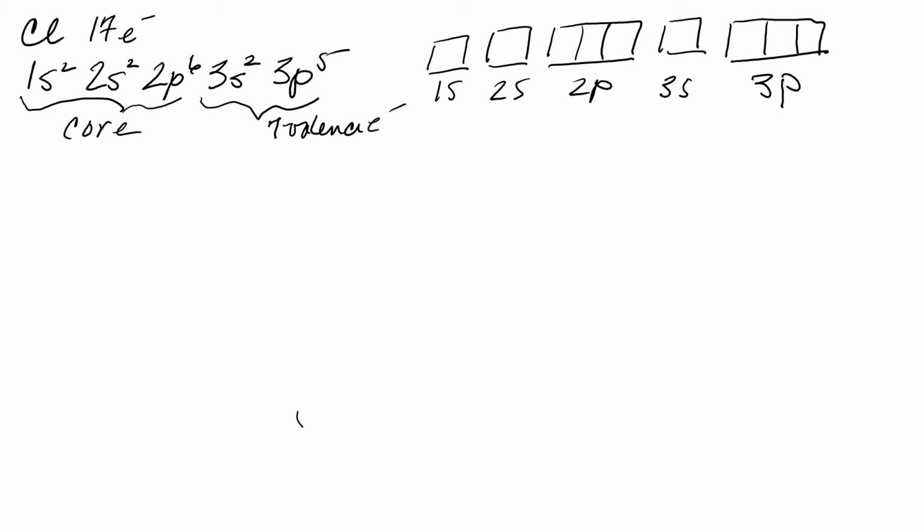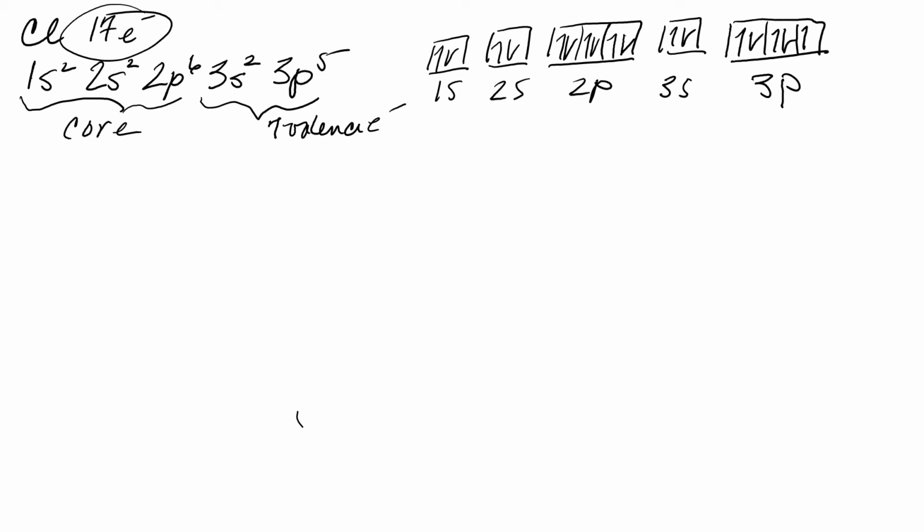All orbitals below the 3p are completely filled. But when I get to the 3p, I'm going to put 1 in each orbital before I start pairing. So there is 1 unpaired electron in chlorine. We know then it would be paramagnetic because it has an odd number of electrons.